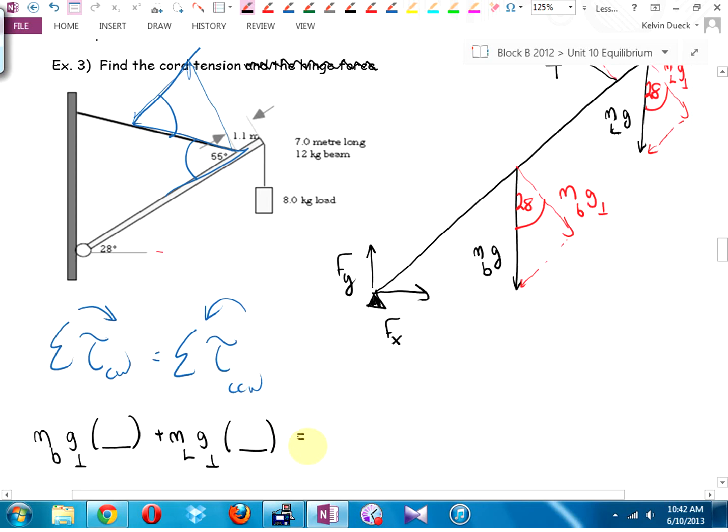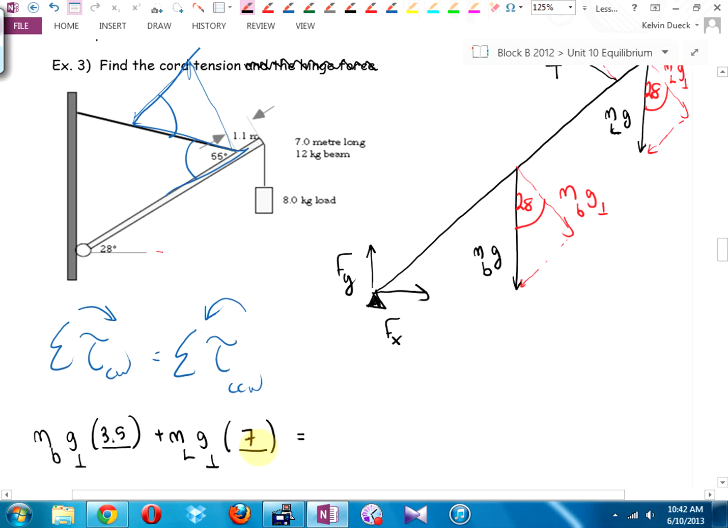How long is the beam? The question does say somewhere. 7, so center of mass is going to be 3.5. Oh, the load's not quite at the end. How far is the load from the pivot point? Not 7. 5 point. Oh, the load is on the end. 7.